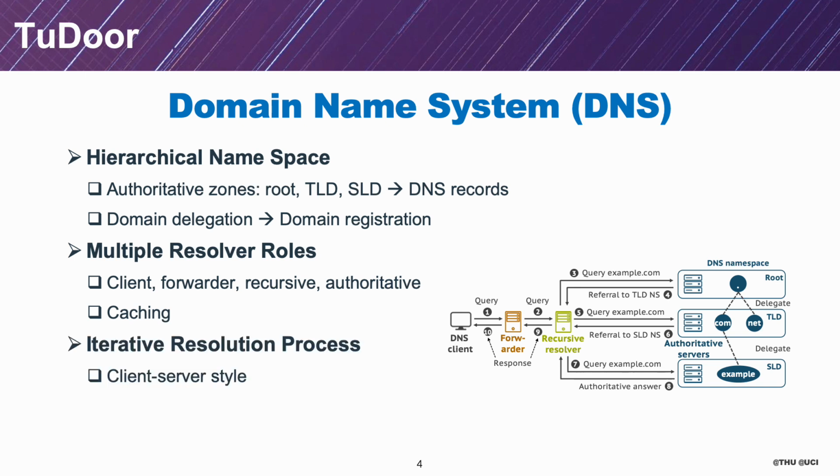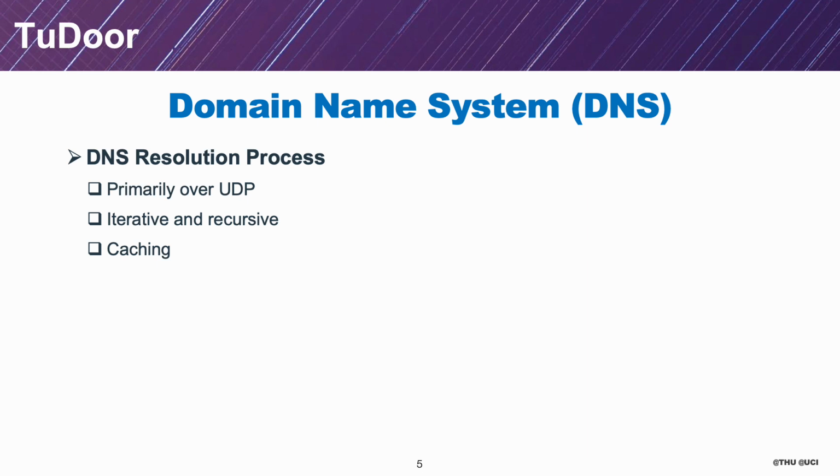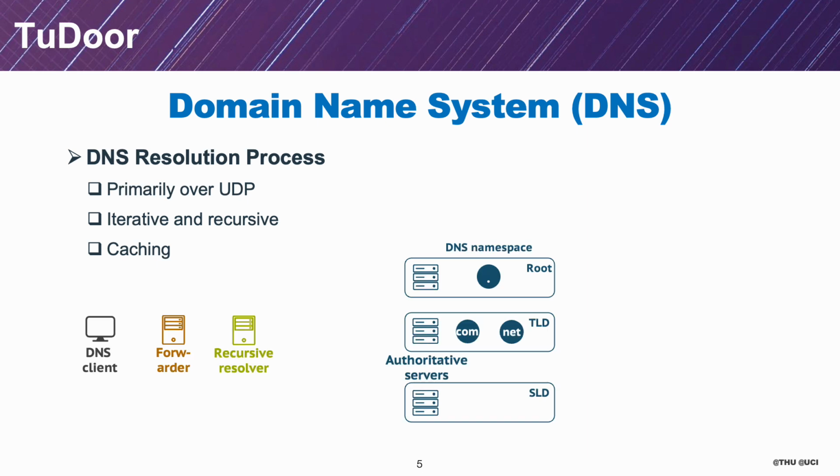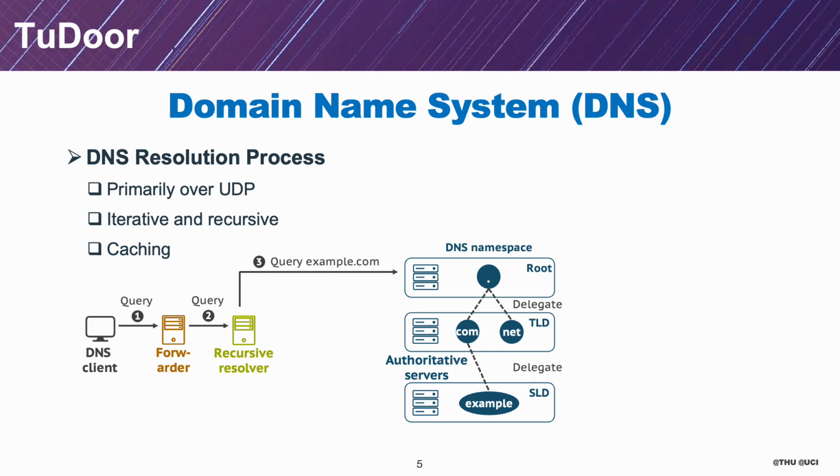After domain registration, a new branch is created and the zone is delegated. There are multiple resolver roles, such as forwarder and recursive, and the iterative resolution process works in a client and server style. So here is how DNS resolution works. Before resolution, a domain example.com is registered. So the DNS client begins to send a query, and the configured forwarder just transmits the query to the upstream server.